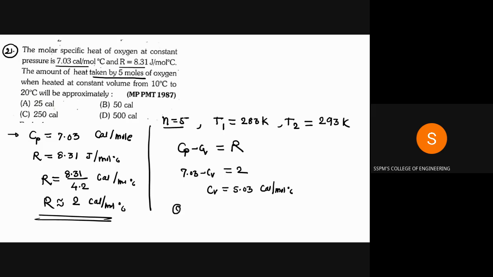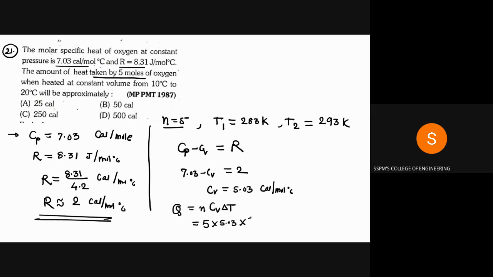And from this, Q is equal to N Cv delta T. Okay. So this is the amount of heat taken. So N is number of moles, so 5. Cv, this is 5.03 into delta T. So delta T is 293 minus 283.